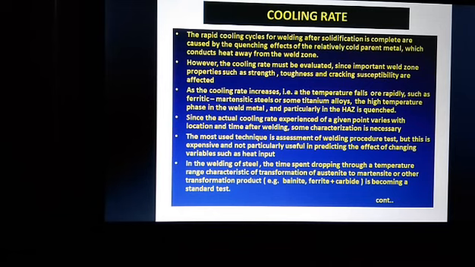In the welding of steel, the time spent dropping through a temperature range characteristic of transformation of austenite to martensite or other transformation products like bainite, or ferrite plus carbide, is becoming a standard test.